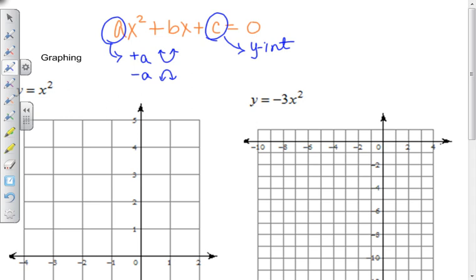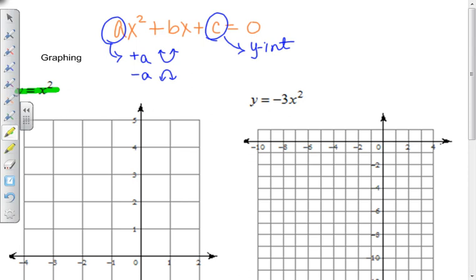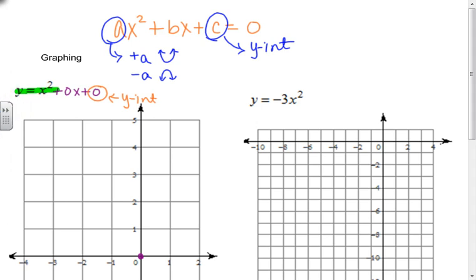So this equation right here is our generic basic equation. Obviously, we have some things that are not written there, so I know it crosses at 0, 0 because this is my y-intercept. And I know that because this is positive, it's going to open up.